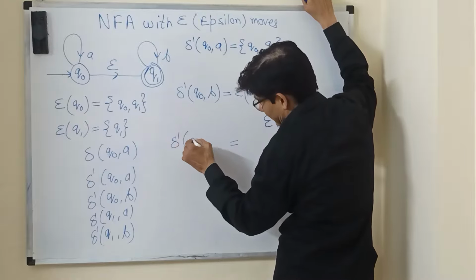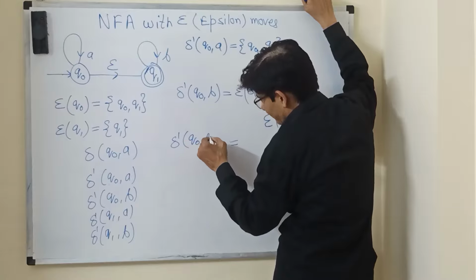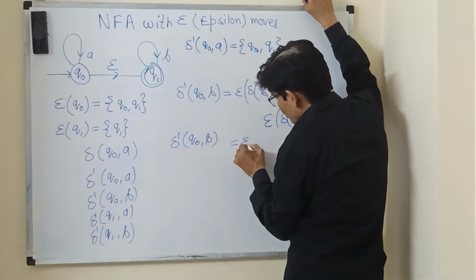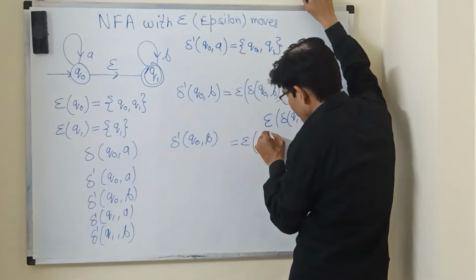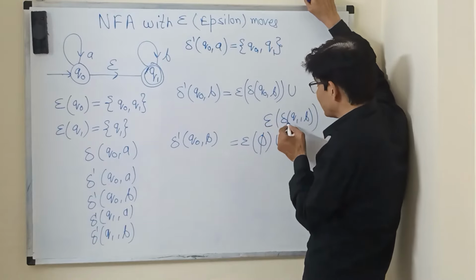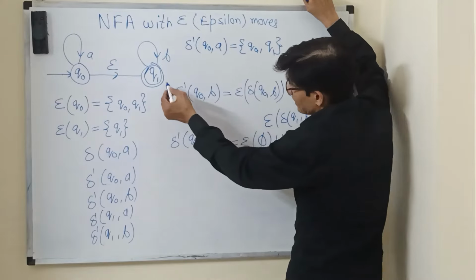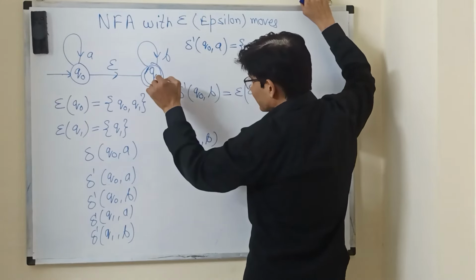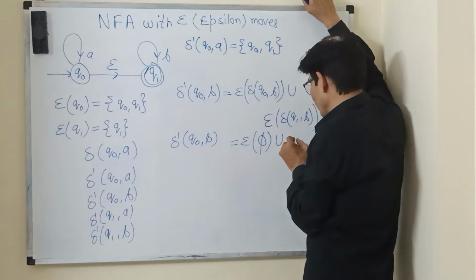So delta dash Q0 B would be epsilon closure of phi union epsilon closure of delta(Q1, B). On Q1, if we get B, we stay on Q1.